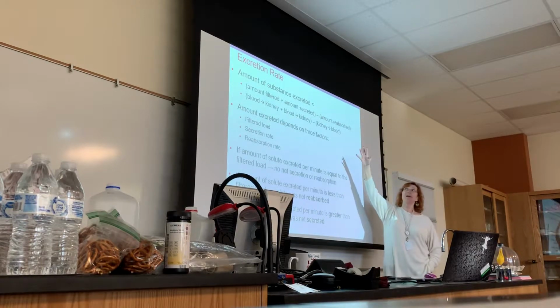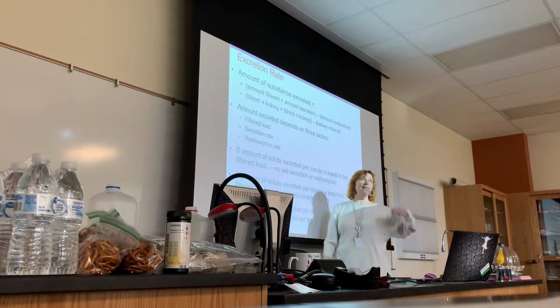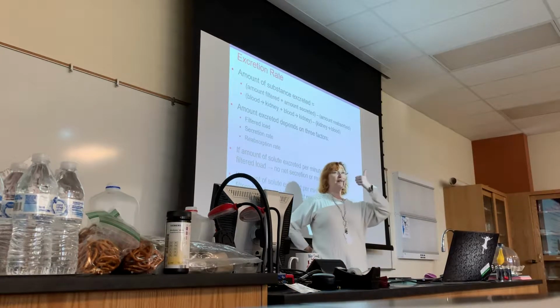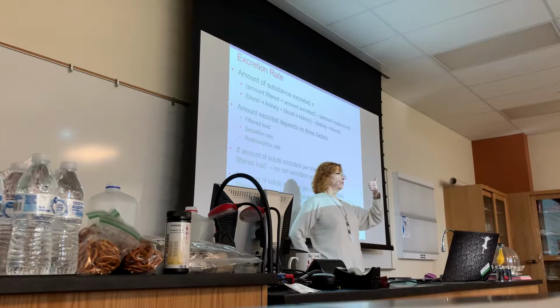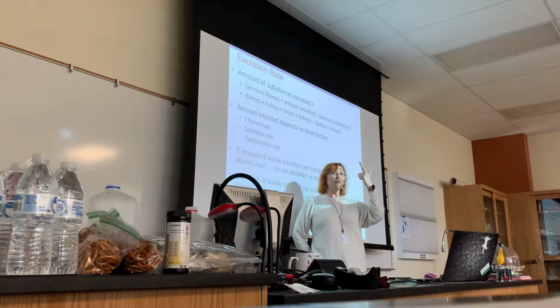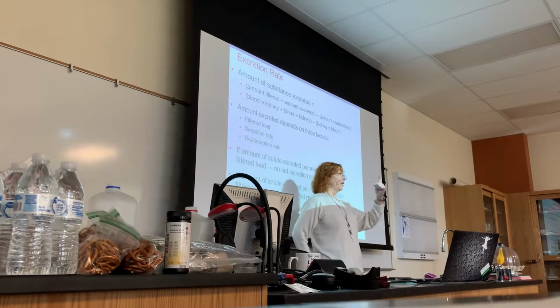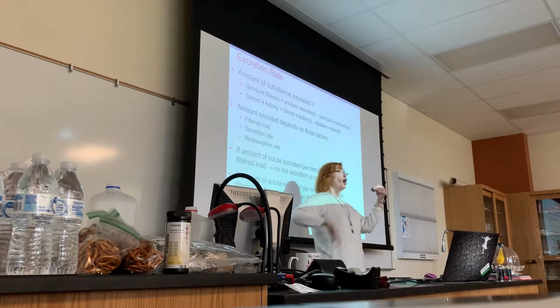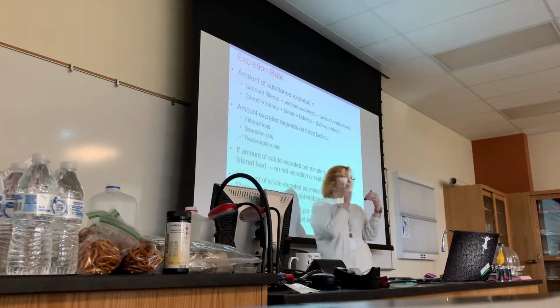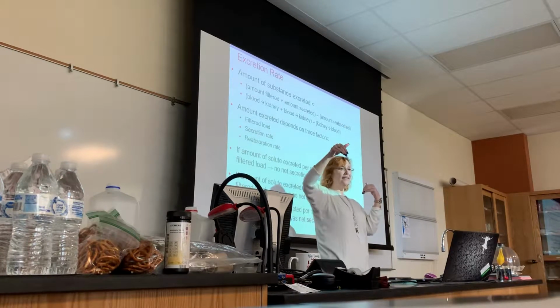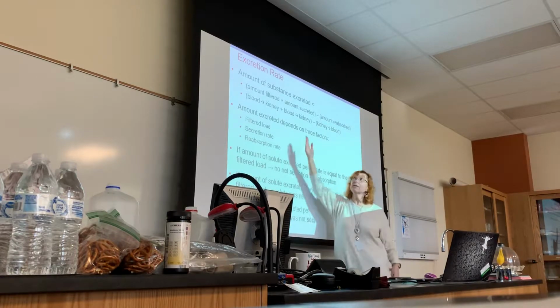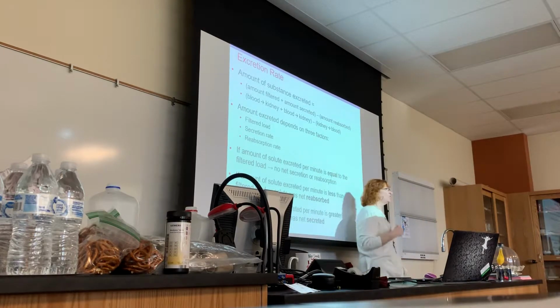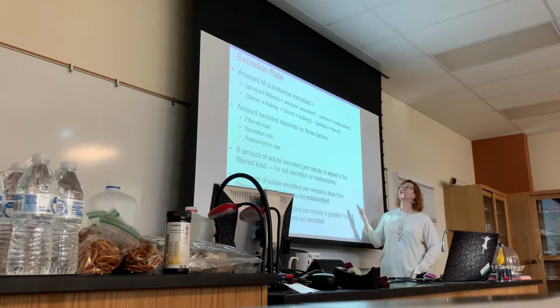So, how do we know how much is actually excreted? Well, the amount that was filtered out of the blood into the renal tubules and the amount that was secreted out of the blood into the renal tubules, we add those together, because that's how much went out of the blood into the renal tubules. We subtract from that how much went back into the blood, and what we're left with is how much is actually excreted.